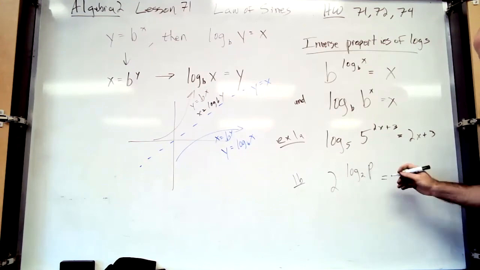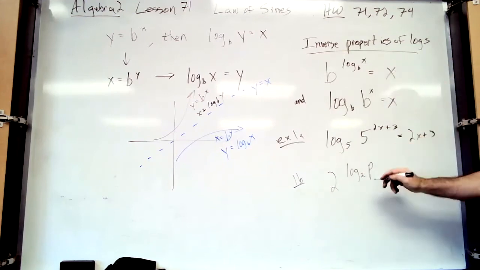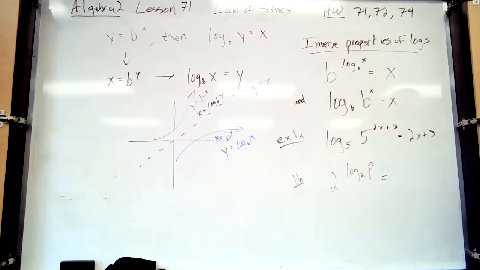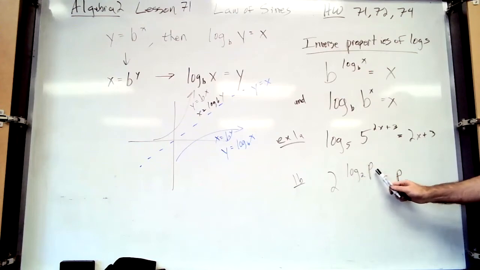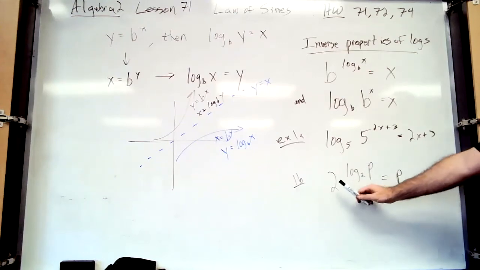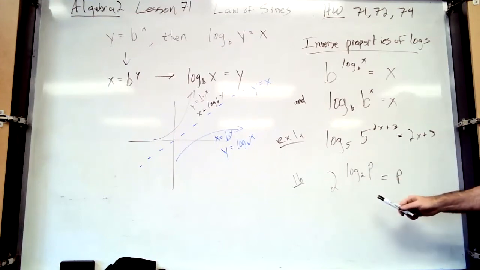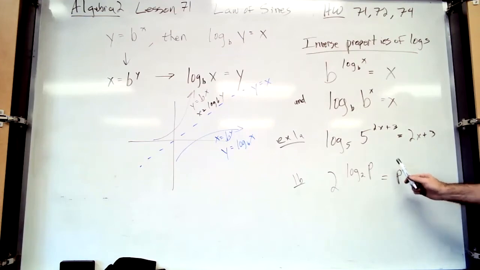So 2 to the, so what's the answer to this? Look up here. Isn't it just p? Yeah, it's just p. Okay, that's it. Because think about it. This is the exponent of this. So this is 2 to the p. No, this is the exponent of. No.